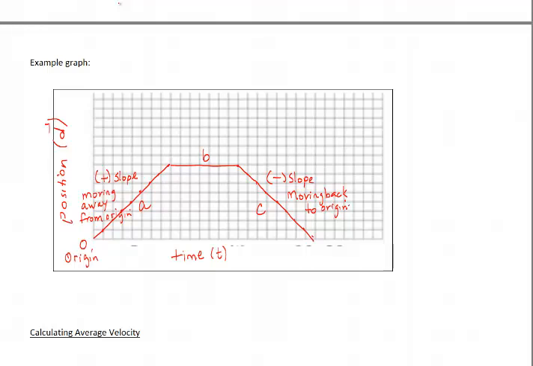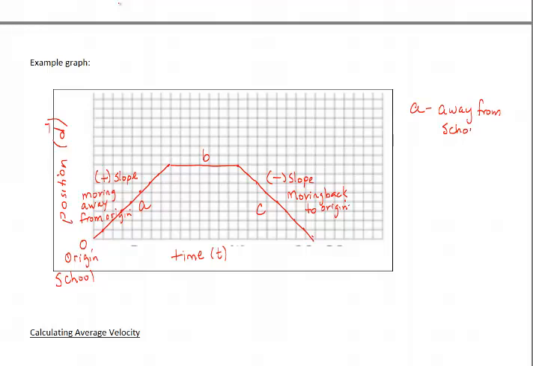We could think of the origin as school. Let's say we're taking a field trip and we're taking a bus on this field trip. During time period A, the school bus is moving away from school.